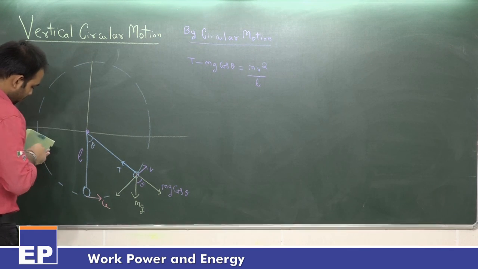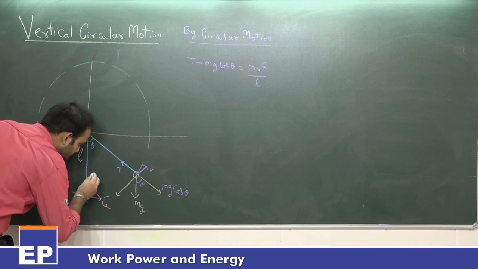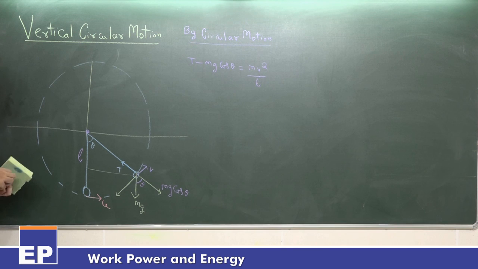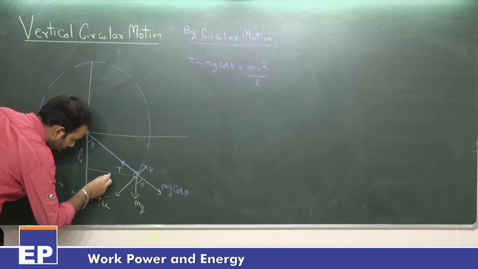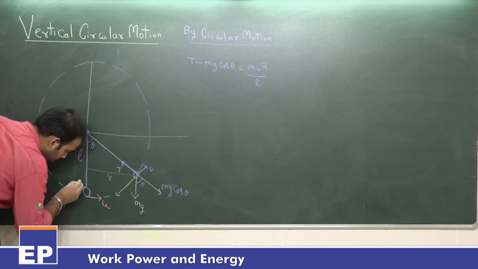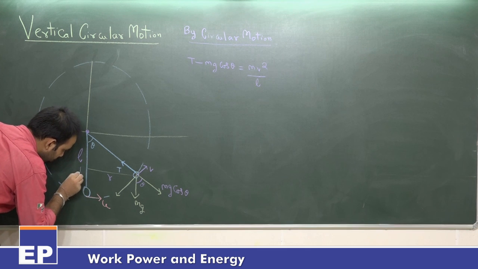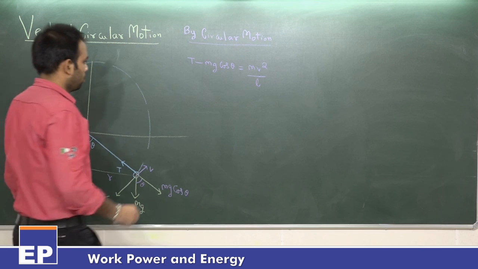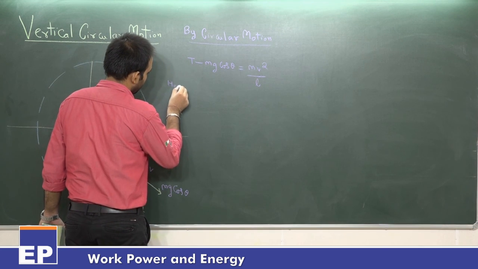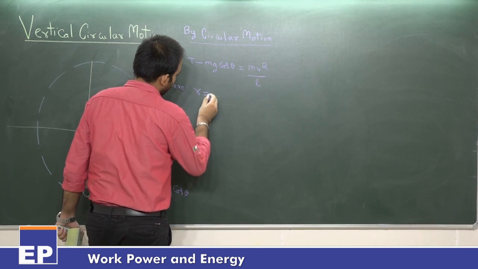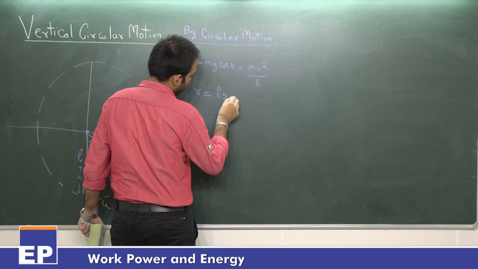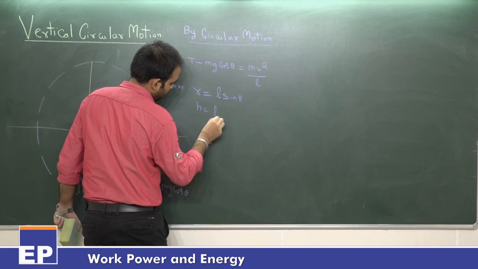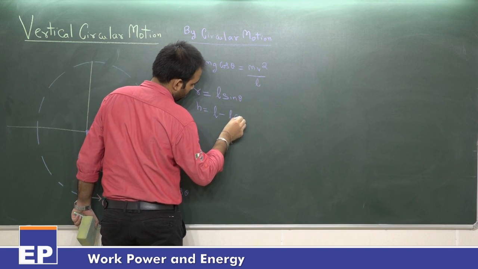Now, second thing we can write also, it rises from there to there. If it is L, this is R, this is H. Here, what is R? R is L sin theta. And what is H? L minus L cos theta.